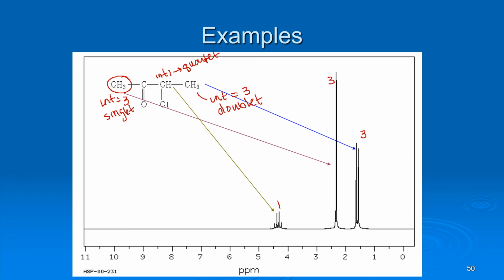You would probably be either given the integration below so you could figure out these ratios, or more likely you'd see the numbers written there, 3, 3, 1, so that you know the ratios. So anyway, that's the splitting. And again, it's hard to see, but the coupling, the distance between those two and these two here, will be the same.